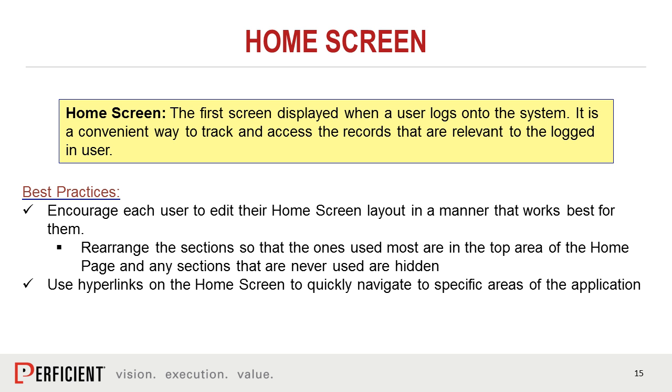Once they make their changes on their home screen, it'll remain that way each time they log in, or until they decide to change that layout again. And the user is always able to reset their home screen to whatever the default layout was.